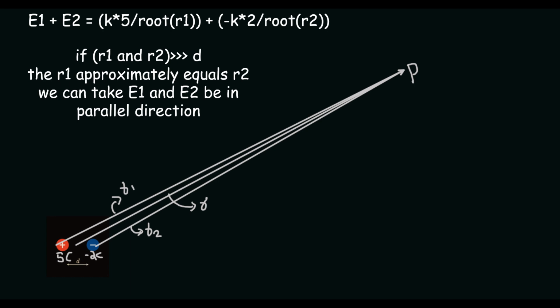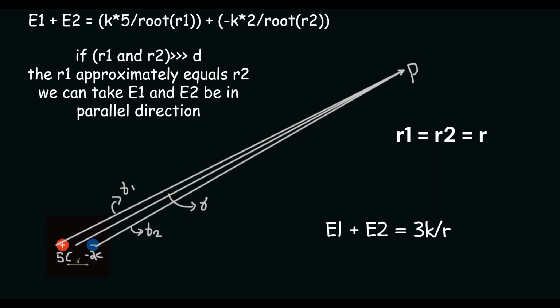This formula can be used, but if the values of r1 and r2 are very far, very much bigger than the distance d, we can approximate r1 equal to r2 equal to r. Then we get the electric field equal to 3k divided by r squared.